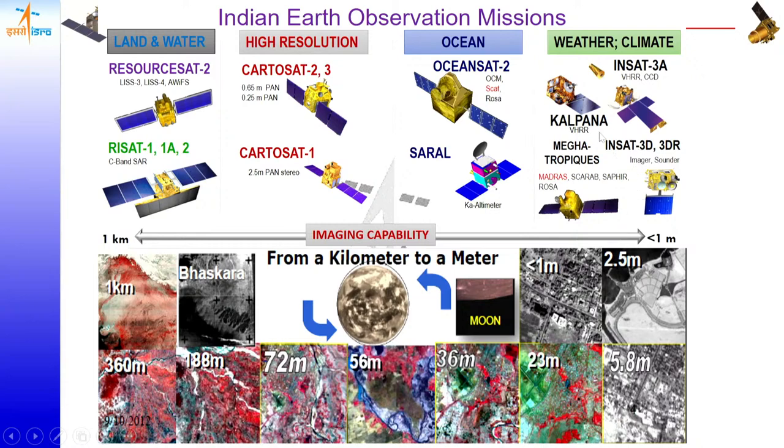Apart from the geostationary platform, because we need to see through the clouds, and we want to see their various properties like the humidity, air temperature, pressure, in those cases we also use the microwave sensors. For example, this Megha-Tropiques MADRAS sensor is there. There are sounders available with these satellites. And then for the ocean, we have SARAL-AltiKa and Oceansat-2, which will give us the water level in oceans and rivers.